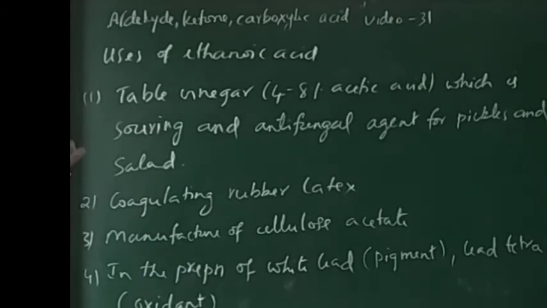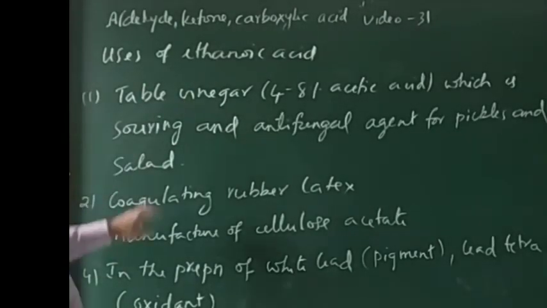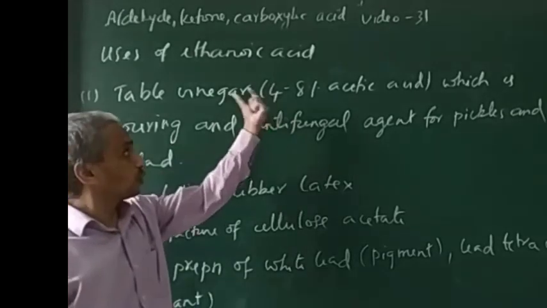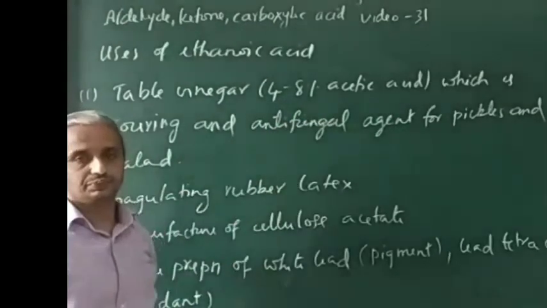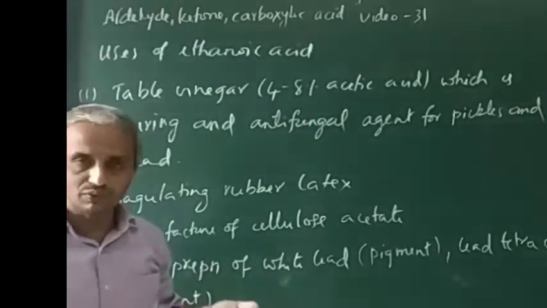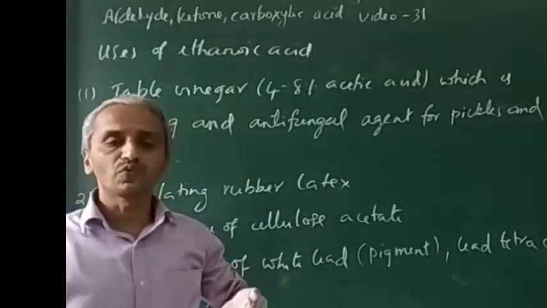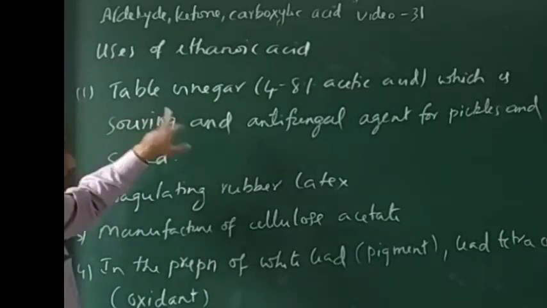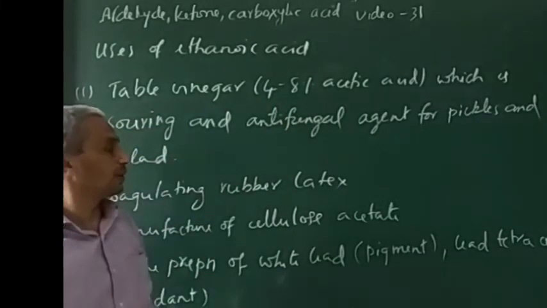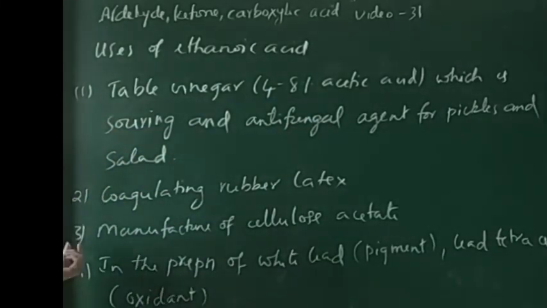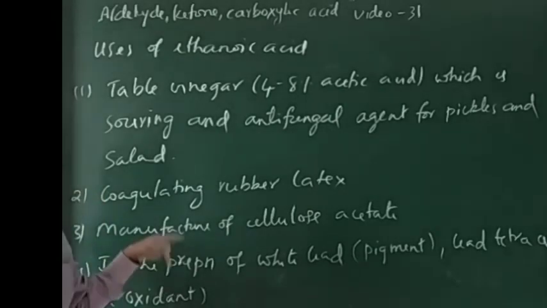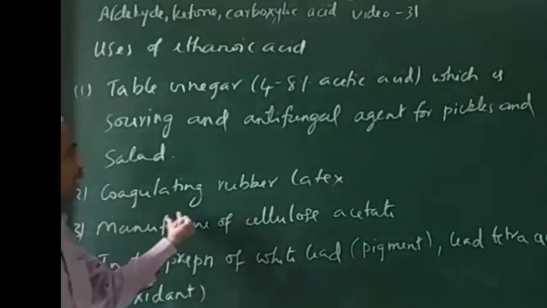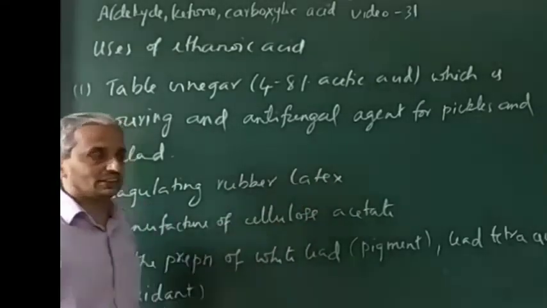Uses of acetic acid. One thing is table vinegar, that is 4 to 8% acetic acid. Acetic acid name comes from that smell of vinegar only, acetum, which is souring, and it is an antifungal agent for pickles and salads. Then, as I mentioned, this acetic acid also can be used for coagulation of rubber latex.